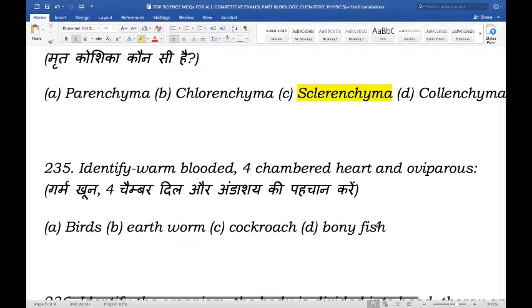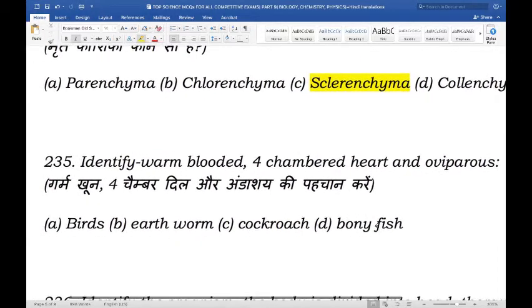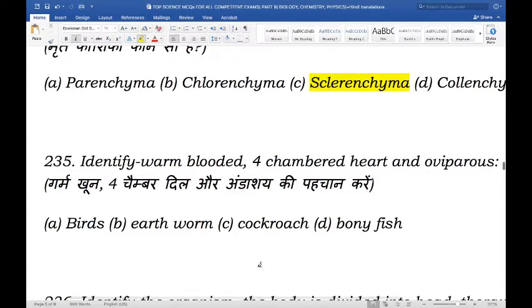Next question. Identify warm-blooded, four-chambered heart, and oviparous. So out of these options here, which conform to all these three standards, having warm blood, a four-chambered heart, and oviparous? Is it A, bird, B, earthworm, C, cockroach, or D, bony fish?